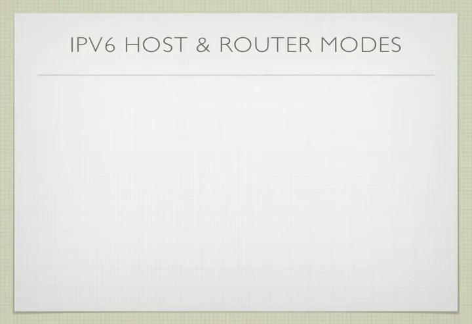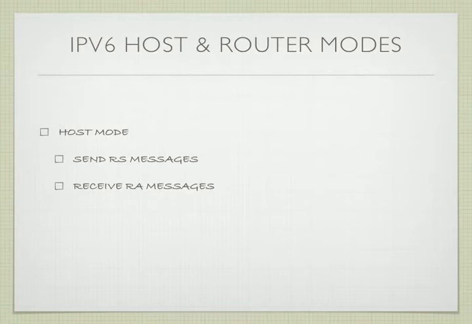Host and router mode. In host mode, you are sending those RS messages we talked about before during the auto configuration process, and you're receiving the RA messages in order to auto configure on the network. In router mode, you're sitting and controlling the segment, and you're responding to the RS messages.